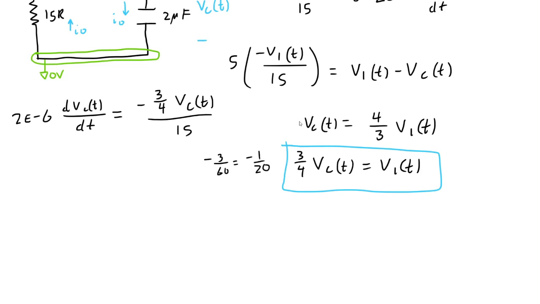So I'm going to go ahead and move to the other side and then divide by the capacitor value, just to get it in our standard form so we can use that kind of expression.